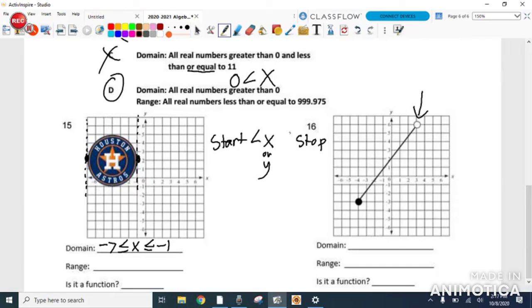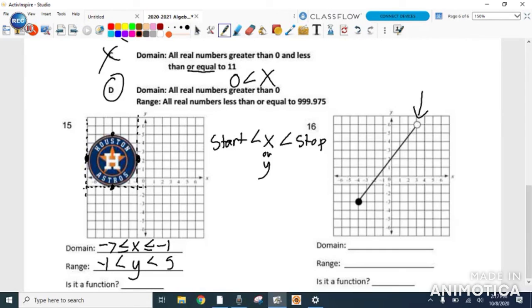So if I apply that here to my range, it starts right here at -1. It ends right here at 5. I'm using range, so it's y. I'll put my inequality symbols where they are at, and then they are closed points, so they are equal to.